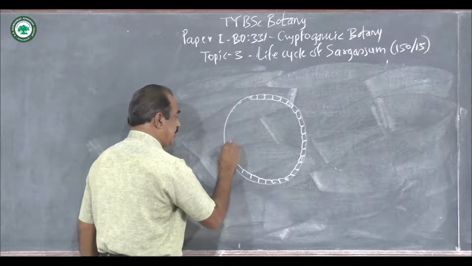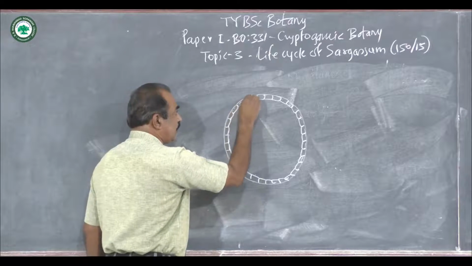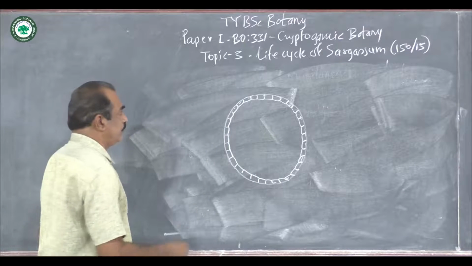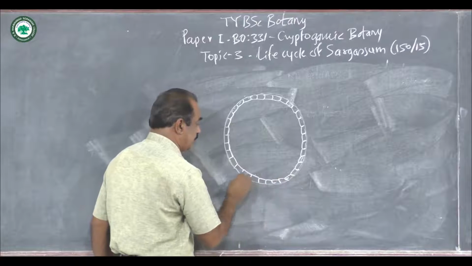This is again the same layer, the Meristoderm, which is the outermost layer of the air bladder. It is again externally covered by the mucilage.